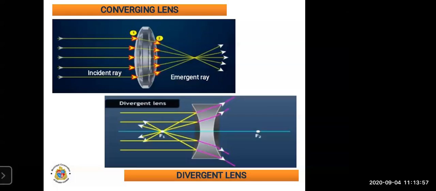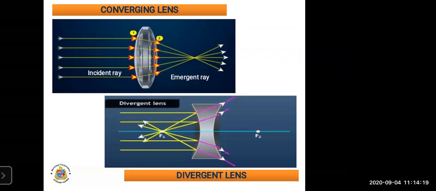Now what about the divergent lens? What is meant by divergent lens? Now students, look at the diagram. This is the concave lens. What will happen when the light rays are incident on the surface of the concave lens?